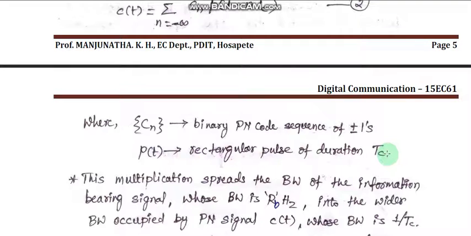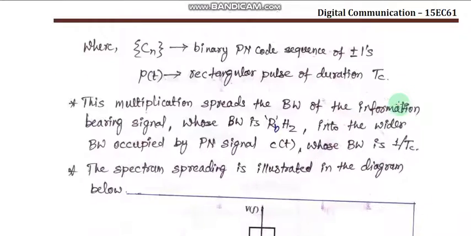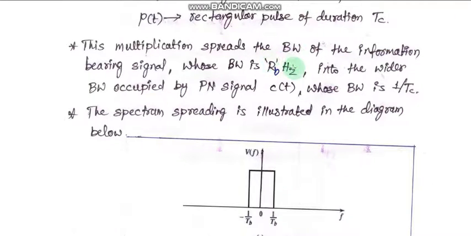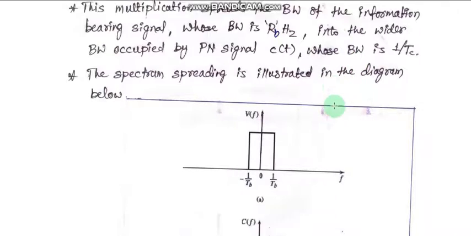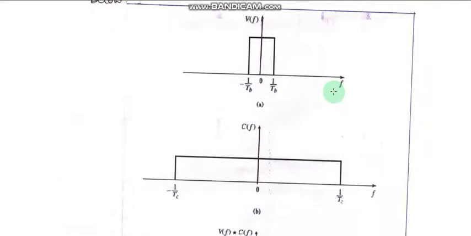So we'll consider them to be the chip duration later. That is why in the previous one, for the message signal, we have taken that to be T_B, the bit duration. Here it is T_C, the chip duration. Okay, so this multiplication will spread the signal into the wider bandwidth occupied by the PN signal c of t, the same bandwidth we get. So in the frequency domain it has been shown here.